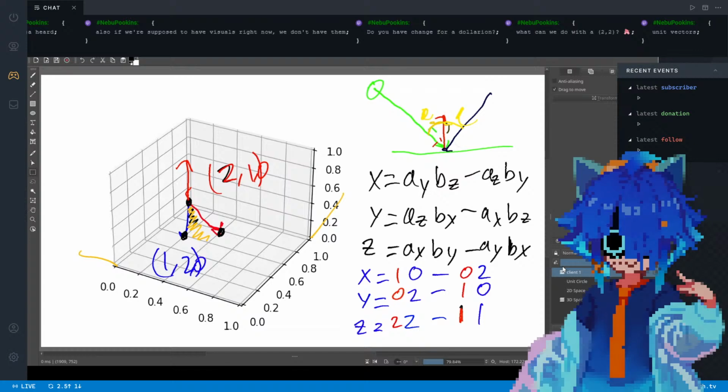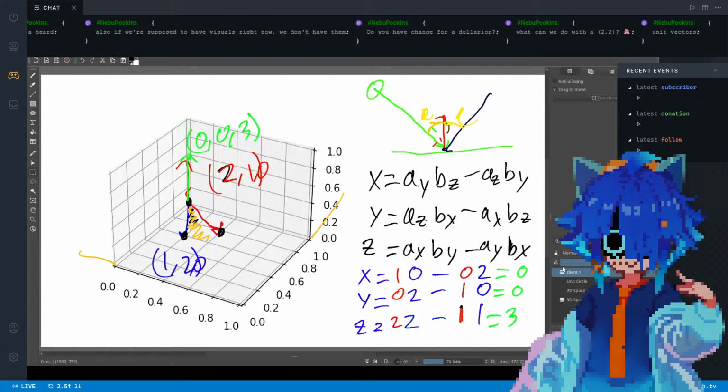So we multiply this together, we get 0 minus 0 equals 0. 0 minus 0 equals 0. 4 minus 1 equals 3. So this vector pointing straight up, turns out, is the vector 0, 0, 3. And just like we wanted, it happens to be pointing straight up, which is perpendicular to the flat bottom plane.